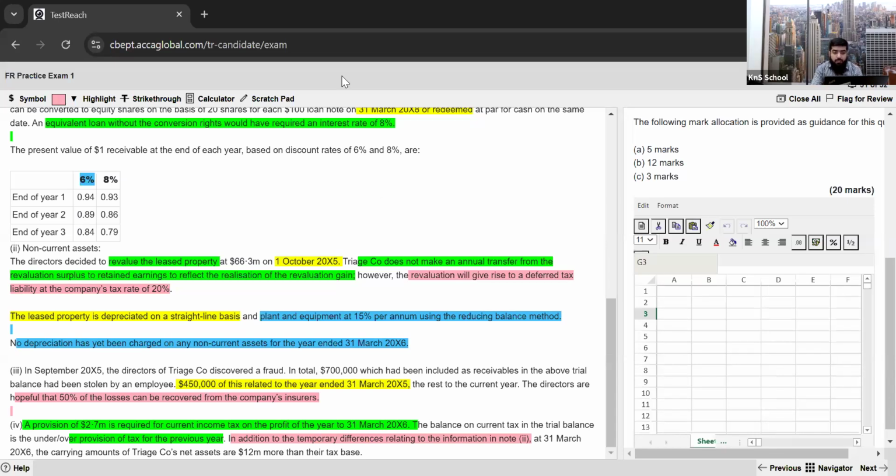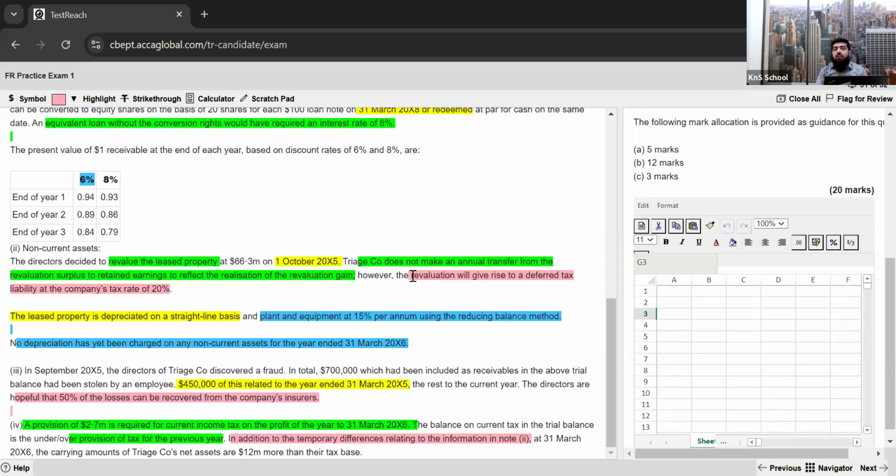I repeat, in addition to the temporary difference, in addition means that other than what we have discussed in note 2, there is something else. In note 2, there was a temporary difference related to revaluation surplus.